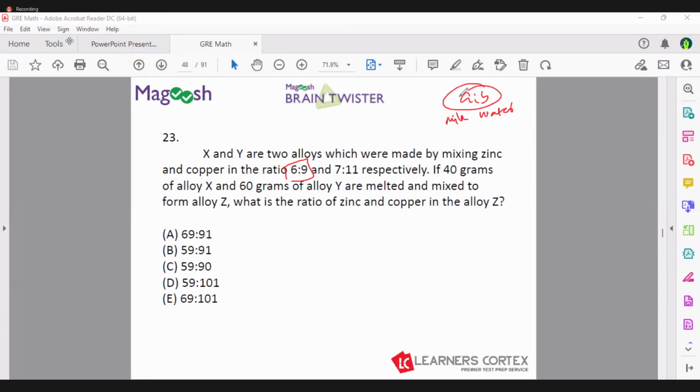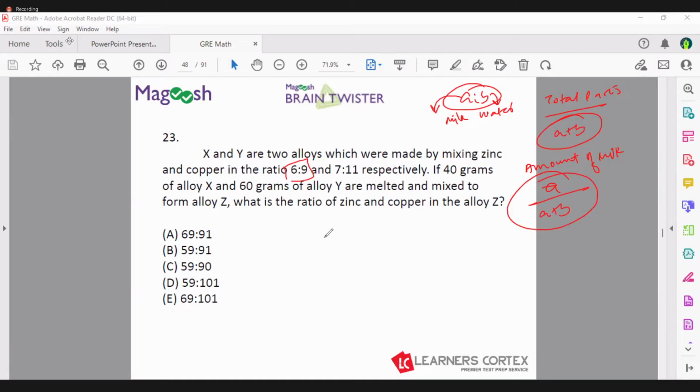We are mixing milk and water together, and the ratio of milk to water is A is to B. So total parts will be A plus B. Now the amount of milk in the mixture would be A over A plus B, like these many parts out of the total.